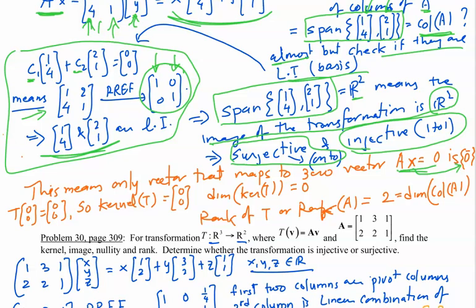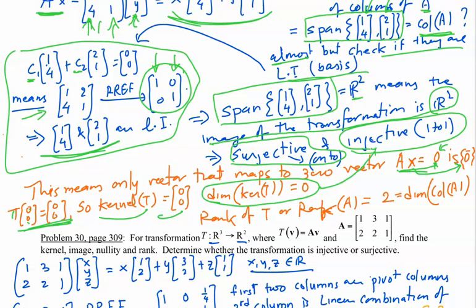That's the only possibility to get the 0 vector. So the transformation of the 0 vector is only the 0 vector. That's why the kernel of T is just the 0 vector, so the dimension of the kernel of T is 0. That means it's automatically injective.